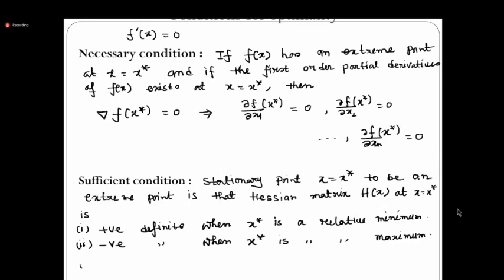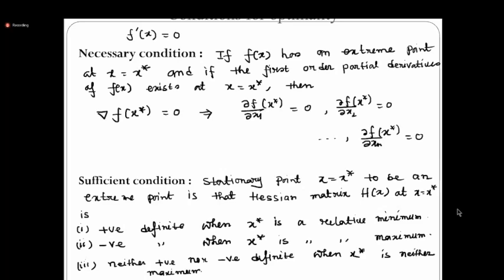And obviously, when the matrix is neither positive nor negative definite, x star is neither a maximum nor a minimum, but you can say that this point will give us a saddle point.